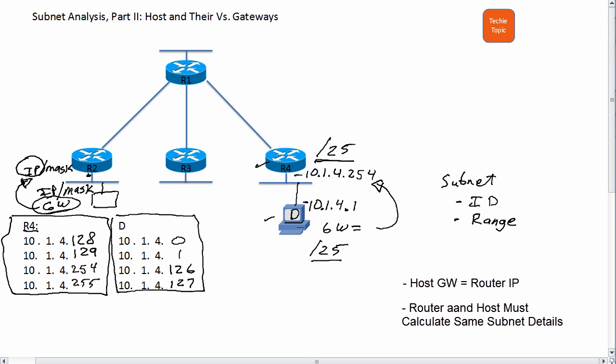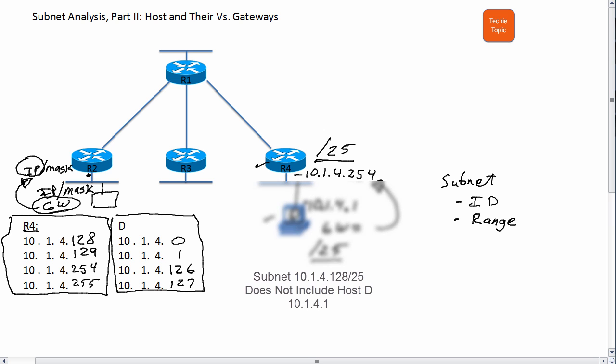So that's not going to work very well. For instance, router 4 forms its connected route for that LAN subnet based on its IP address and mask. So R4's route to that connected subnet where host D exists thinks that the range of addresses is .129 through .254. In other words, R4 doesn't have a route that matches host D's IP address.